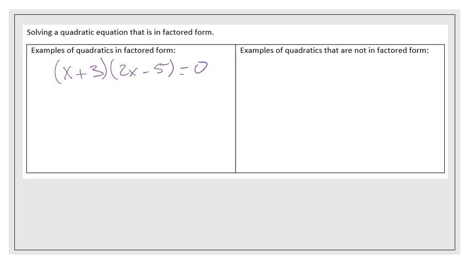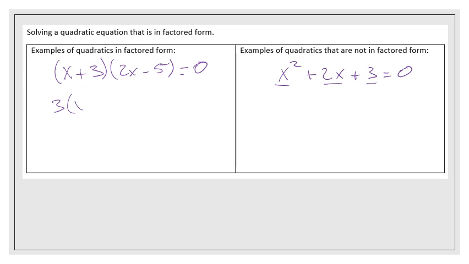That's a quadratic in factored form. If I have x squared plus 2x plus 3 equals 0, that is not factored form. I'm adding the quadratic, the linear, and constant term together. That's standard form.